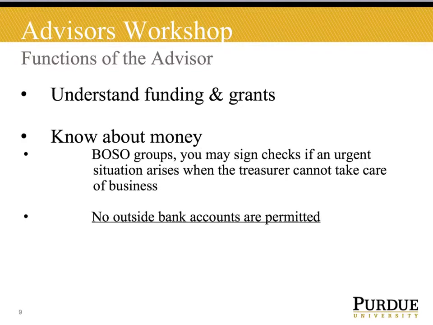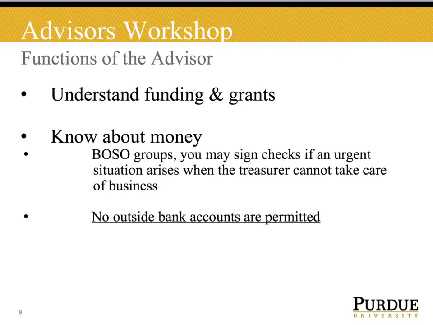On the same topic of money and funding and grants, it's okay to know about the money of your organization, and you definitely should know about the money. It is not that you should be dictating or telling your organizations what to do with the money, but you absolutely should be asking about their budgets, know how to see and look at their budgets and talk through their budgets with them, and help them navigate that process.